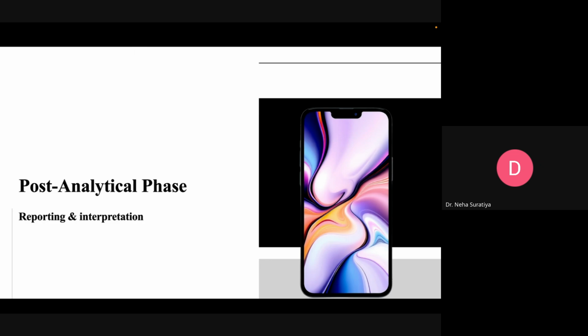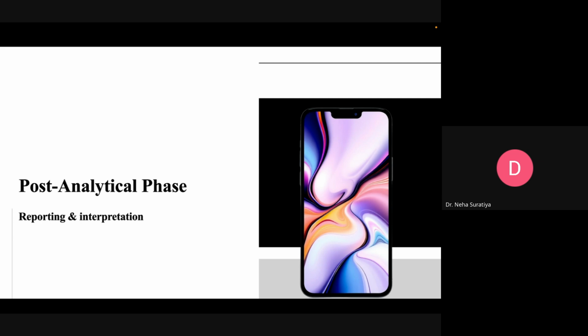Now, the last phase is the post analytical phase. Once the testing is complete, the result enters the post analytical phase. This includes result validation, reporting, communication, and clinical interpretation. Everything from reporting to clinical interpretation and advice is considered the post analytical phase.